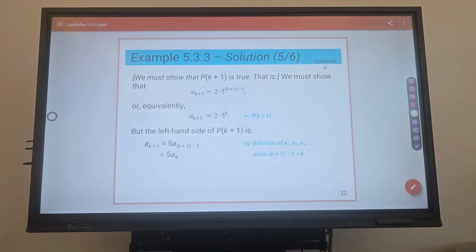Show that a sub k plus 1 equals 2 times 5 to the k plus 1 minus 1, or equivalently, a sub k plus 1 equals 2 times 5 to the k. But the left-hand side of the equation is given here by the definition, and it can be simplified to be a sub k plus 1 equals 5 times a sub k.